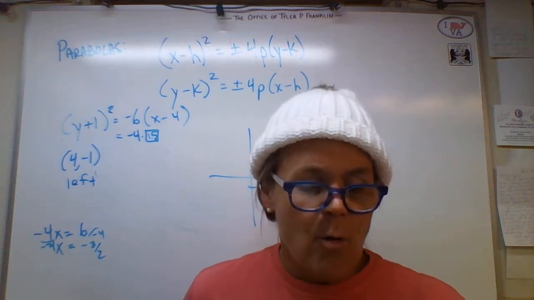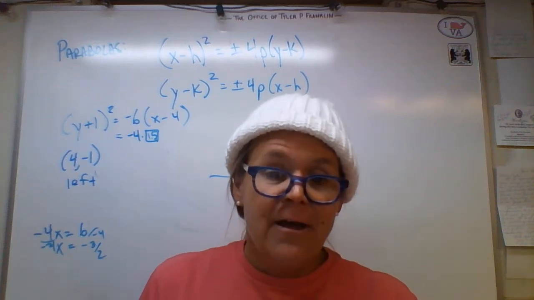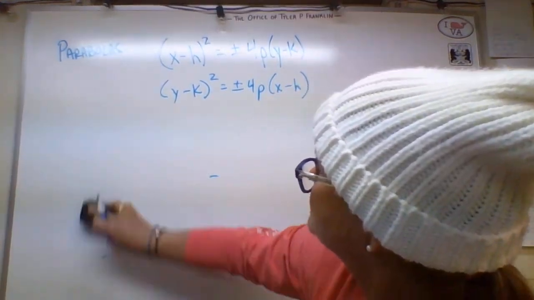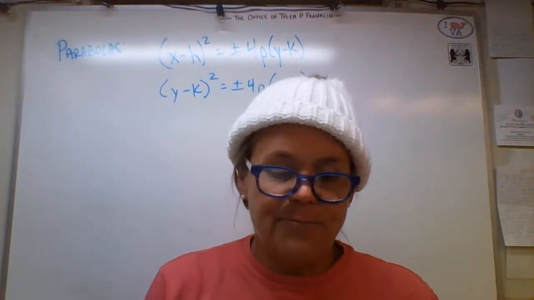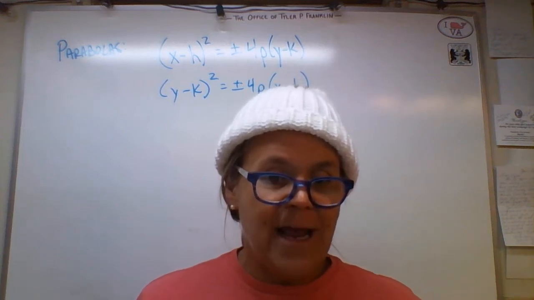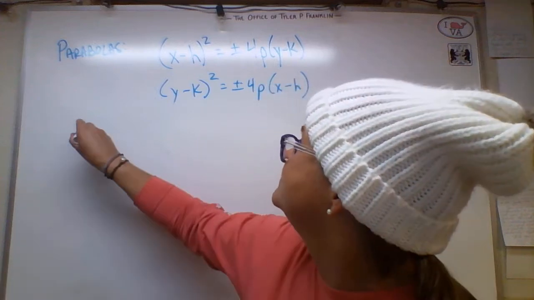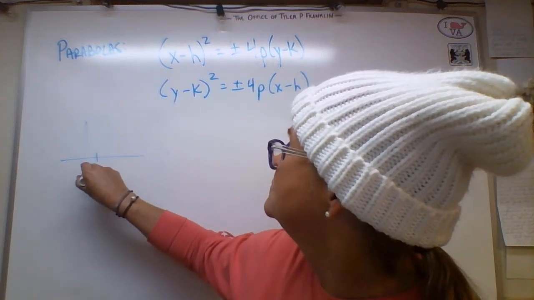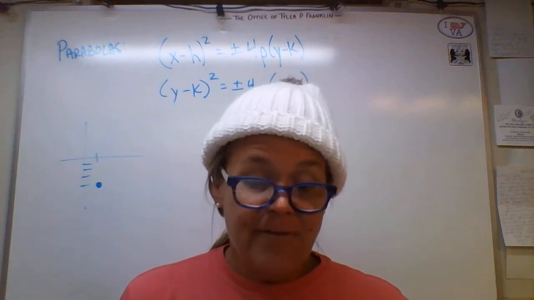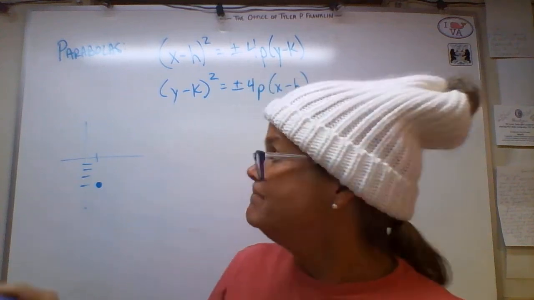Okay? So how do you write the equation? If you follow those steps, I do think it helps. Sketch a graph. So 1, negative 4 is the vertex. 5, negative 4 is the focus.